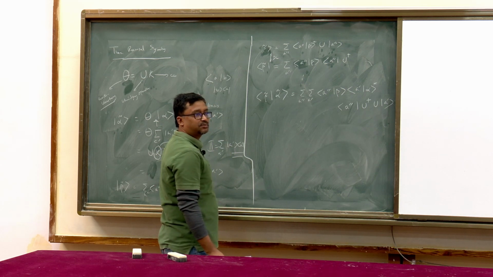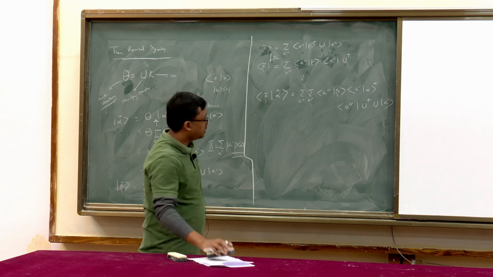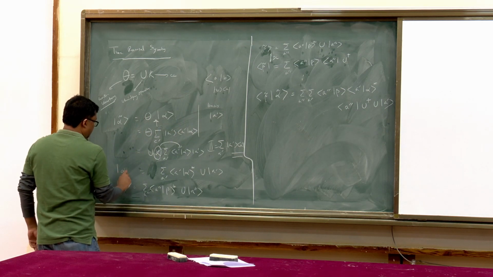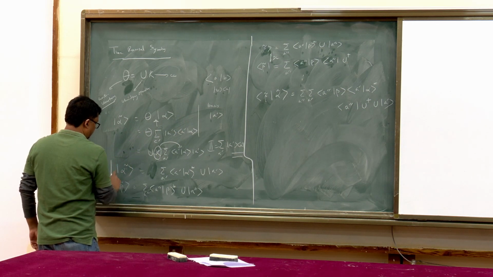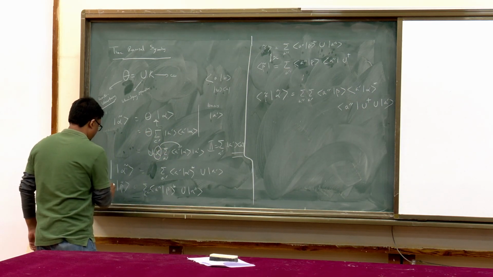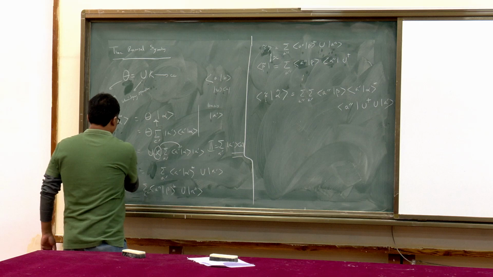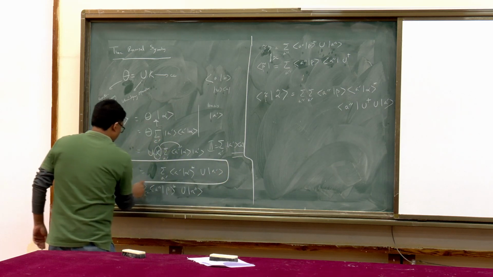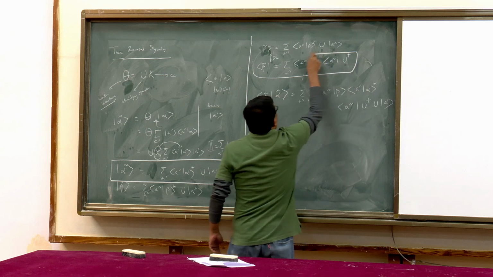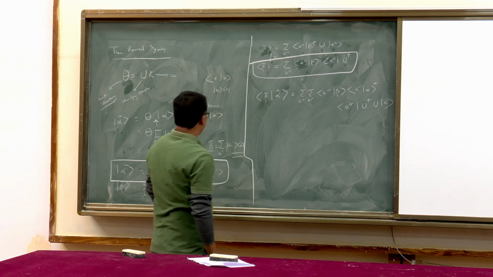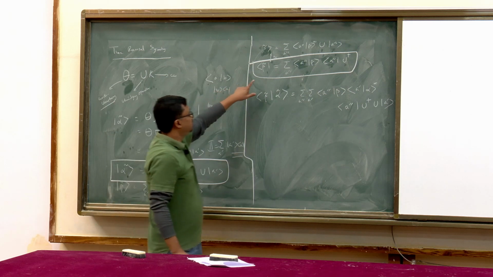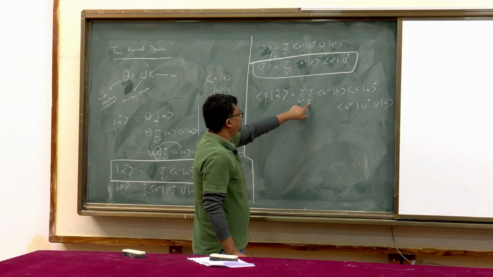Are you clear on this expression? This is one expression and this is the other expression, and we are taking the product of this and this, sum over A double prime, A prime.